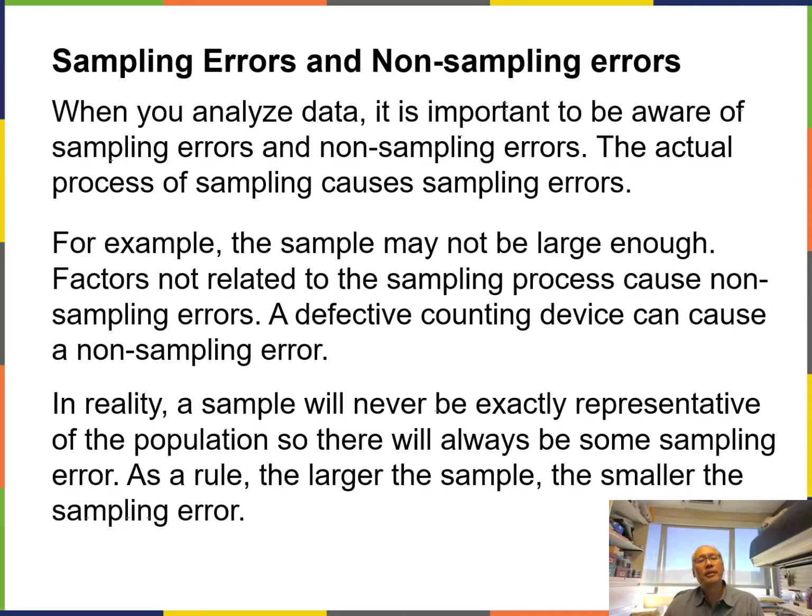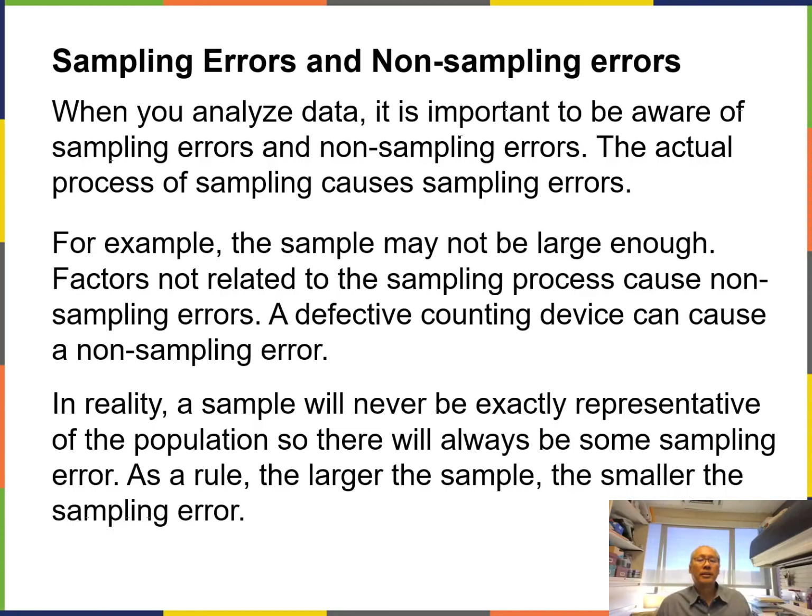So sampling errors and non-sampling errors, this information is really how we would be reporting our statistical study. When you analyze data, it's important to be aware of the errors or the biases that might come up based on your samples. For example, if a sample is not large enough, then you would mention that in your study.